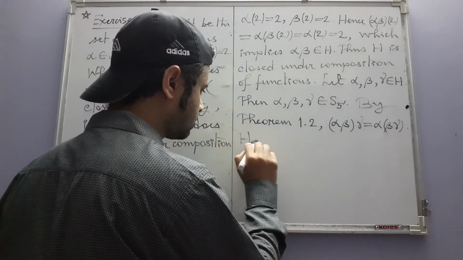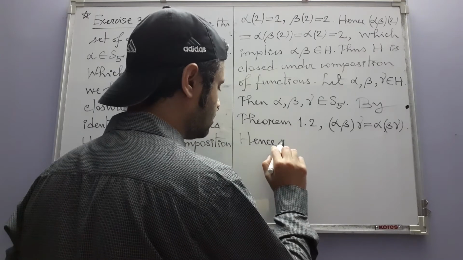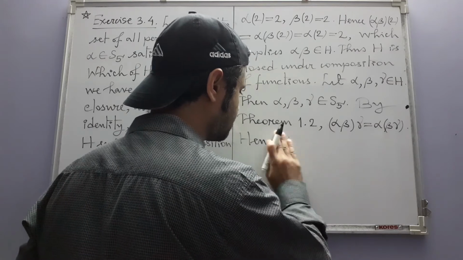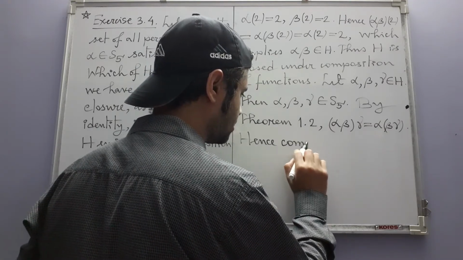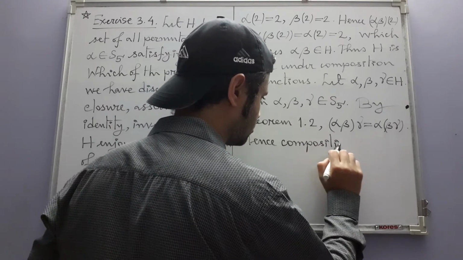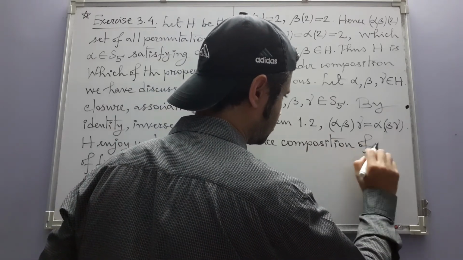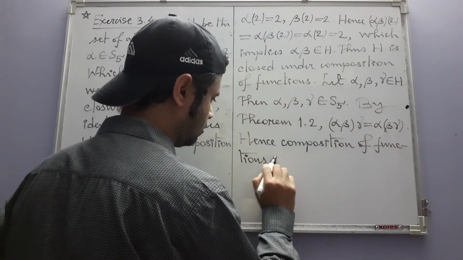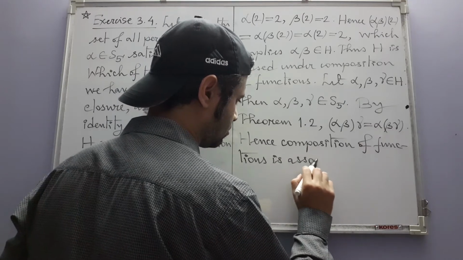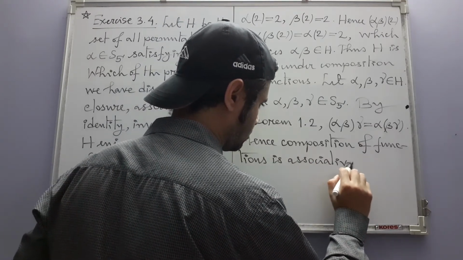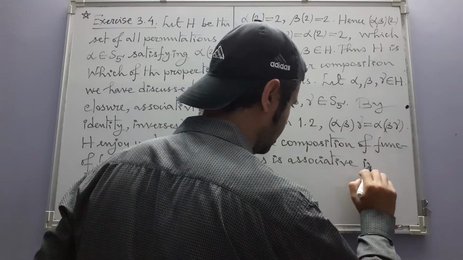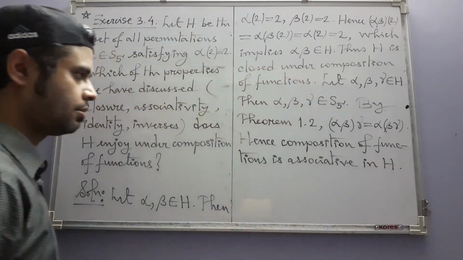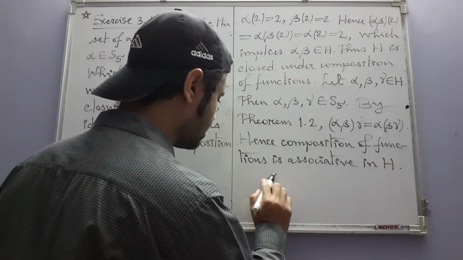Hence, the product, or we can just simply write like this, hence composition of functions is associative in H. And this is often expressed like this.